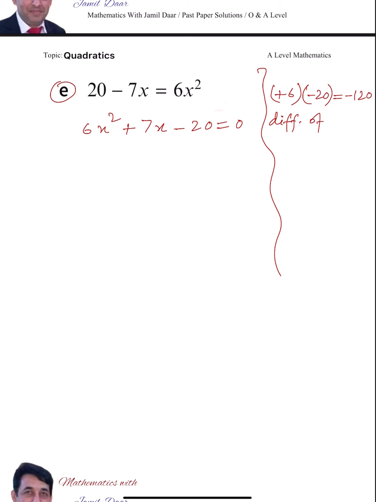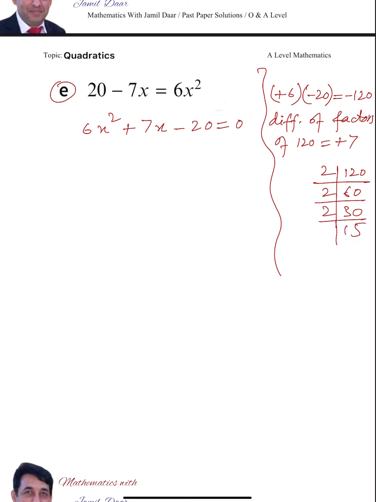Now this is negative, so the difference of factors of 120 should be equal to plus 7, the middle term. So 120 is 12 into 10, or you can take the LCM, prime factorization of 120: 2 times 60, 2 times 30, 2 times 15.